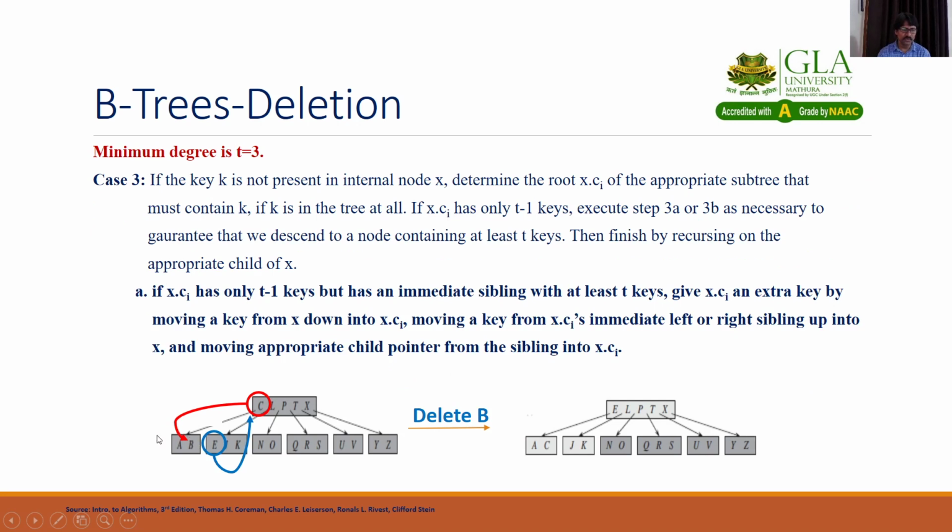Because deleting B would violate the rule of the minimum number of keys, we delete B, take the C from here and replace it, and then the C's successor, the next sibling's first element, we will take and replace this C. So the minimum number of keys property will be saved and the deletion process will be completed.